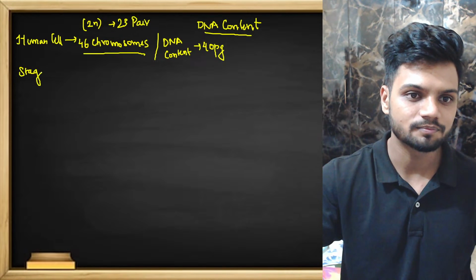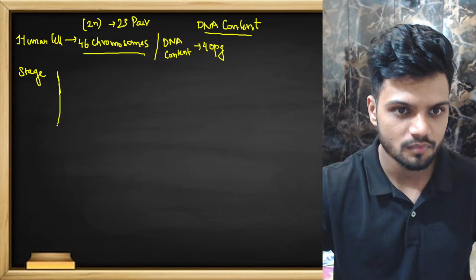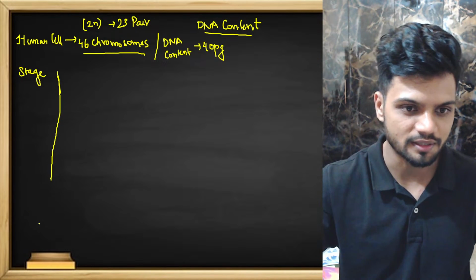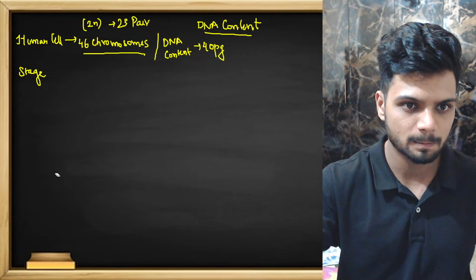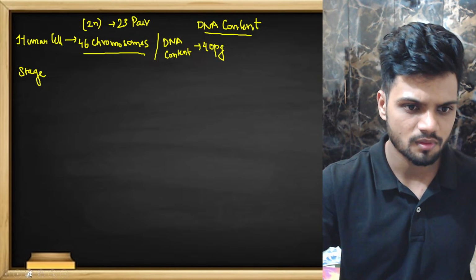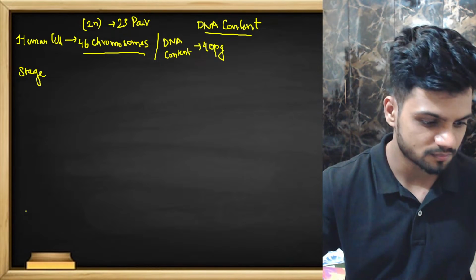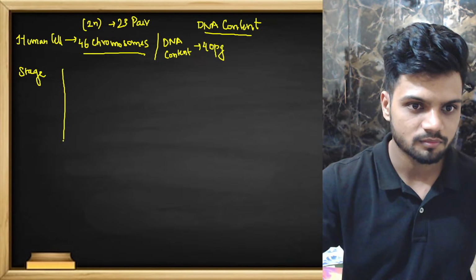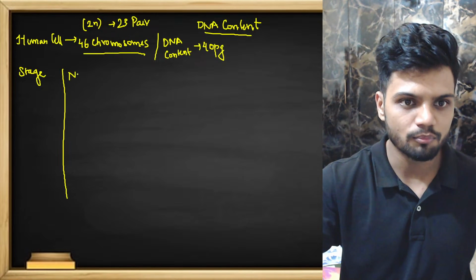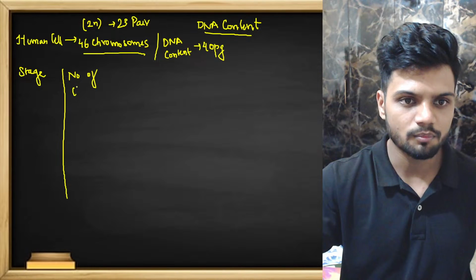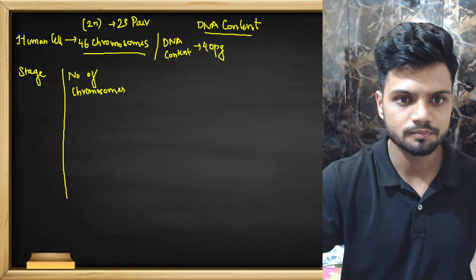We'll write the stages here. Now we'll draw one line. Oh, I can't draw a straight line. Stage. Now here we have the number of chromosomes.